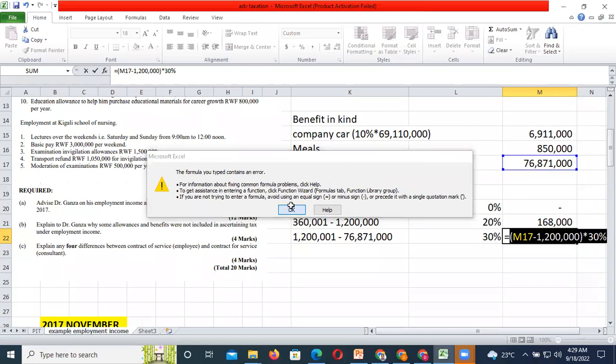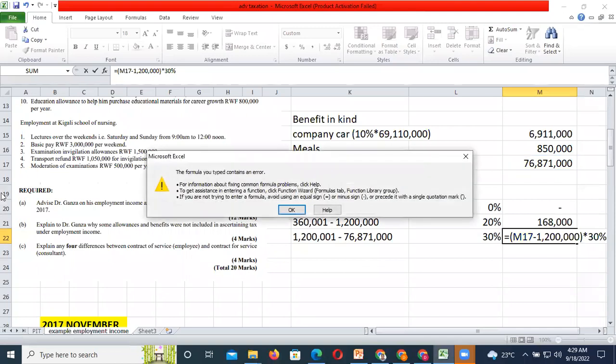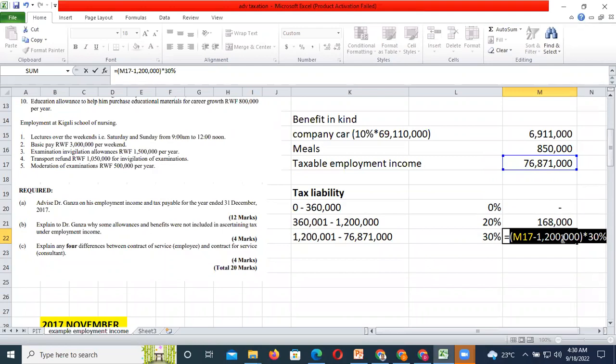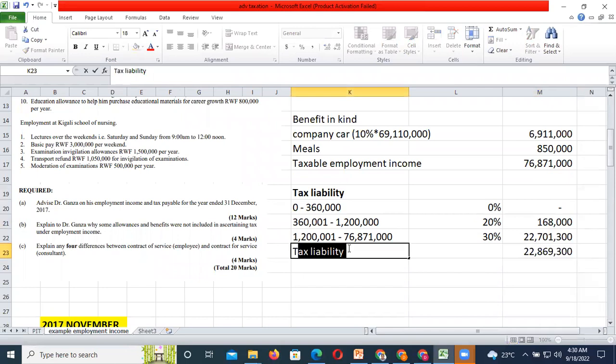I put in commas. That is wrong. So the total tax is this, the tax payable for the first employer.